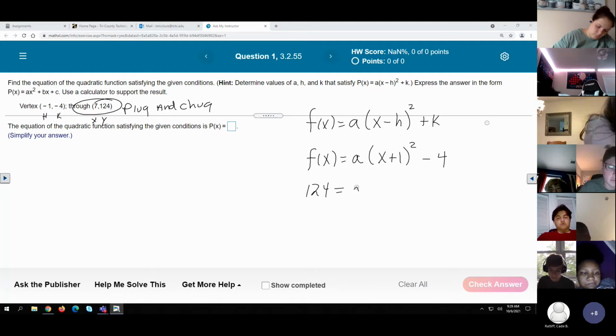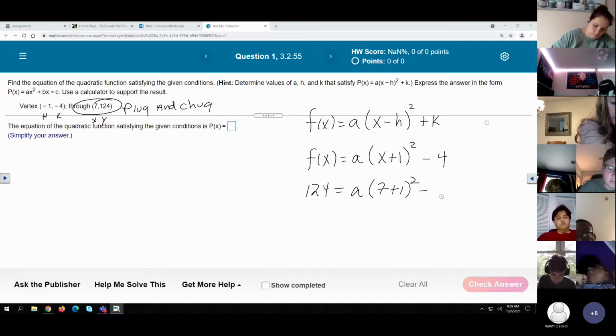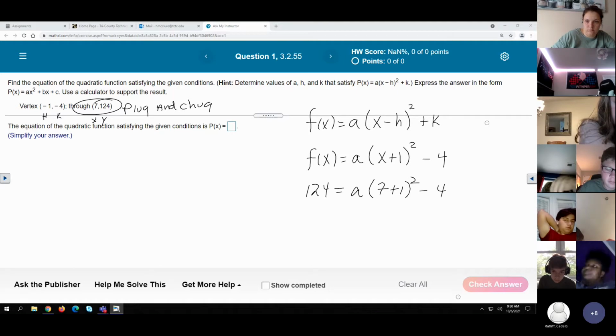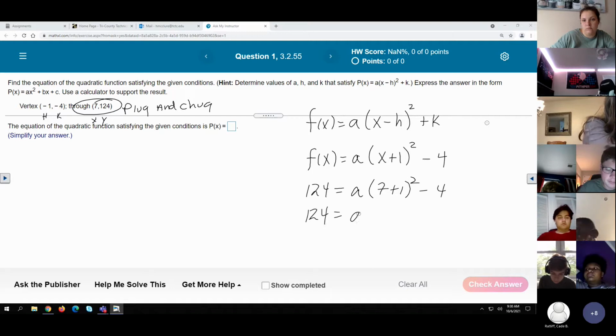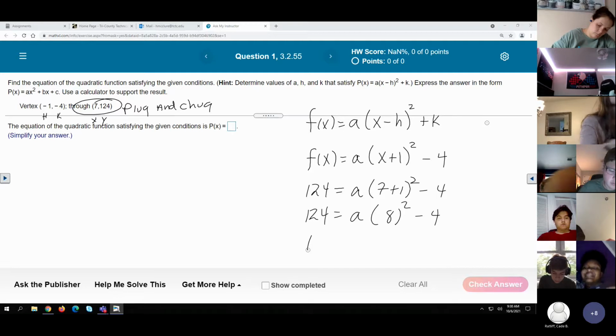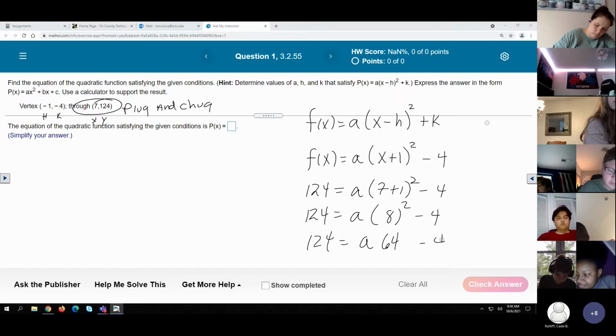is equal to A times 7 plus 1 quantity squared minus 4. So 124 is equal to A times 8 squared minus 4. And 124 is equal to A times 64 minus 4.